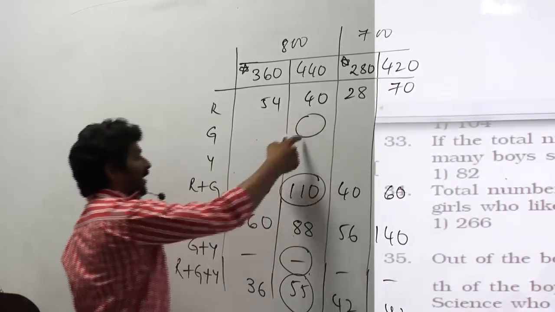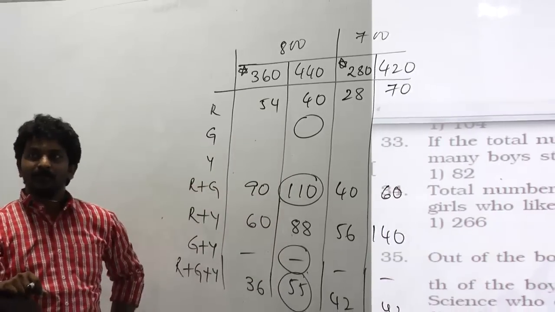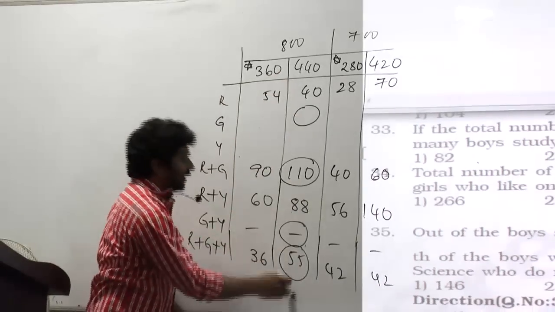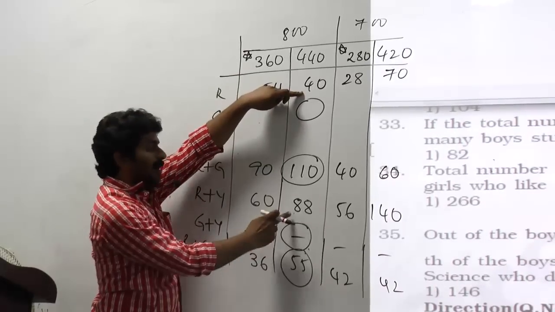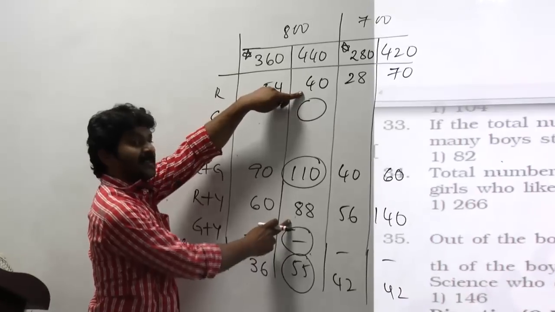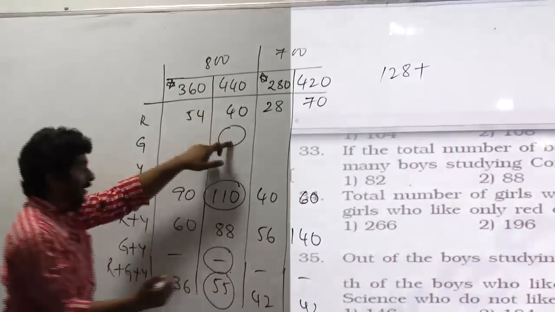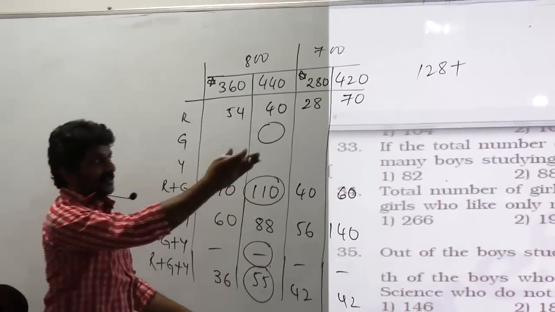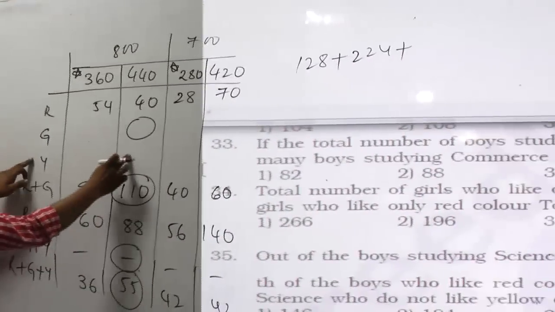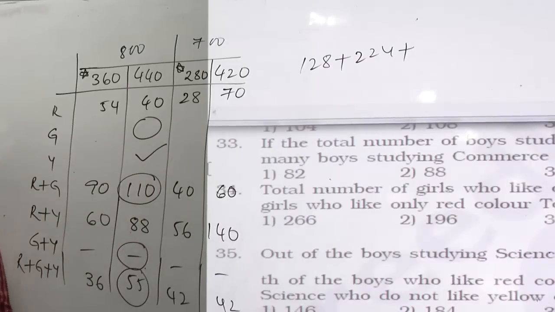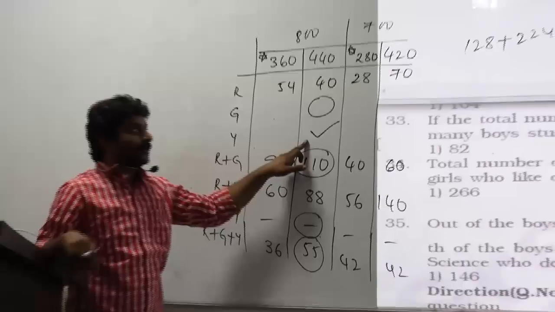Whatever values I have rounded here, the sum of these four numbers is equal to 224. When you add everything, that should be equal to 440. We already have 40 here and we already have 88 here. The sum of these two numbers is 128, plus the rounded off numbers, 224, plus those who like yellow color only.